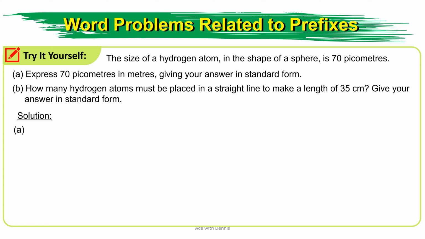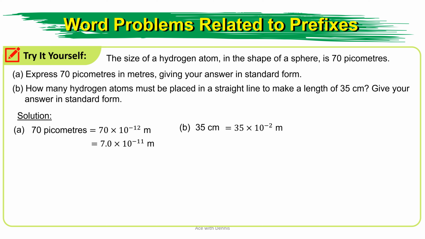Alright, here is the solution. For A, 70 picometers equals 70 times 10 to the power negative 12 meters, and changing to standard form, it is 7.0 times 10 to the power negative 11 meters. For B, 35 cm equals 35 times 10 to the power negative 2 meters, and for the number of hydrogen atoms to line up in a straight line, we just take the distance divided by the diameter of the hydrogen atom.